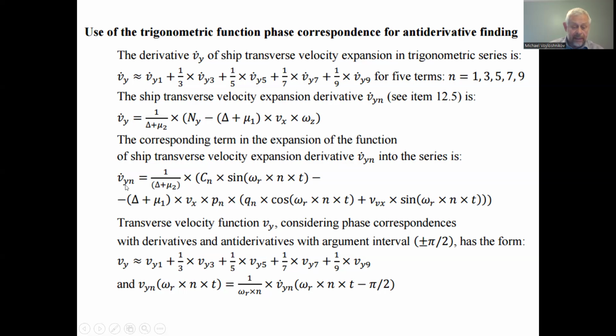So we can find, by the integration of this term, the expansion of the transverse velocity into the trigonometric Fourier series, with the argument interval plus minus pi divided by 2. We can use the property of periodic functions: without the formal integration of this function, we can find the integral of the function, without doing the mathematical transform of the integration. Why?